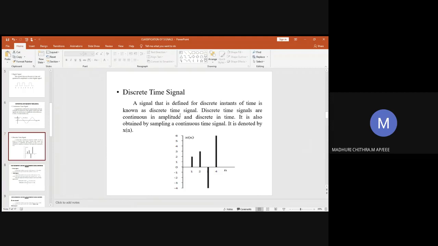The discrete time signal is continuous in amplitude and discrete in time. It is obtained by sampling a continuous time signal. It is denoted by x of n.